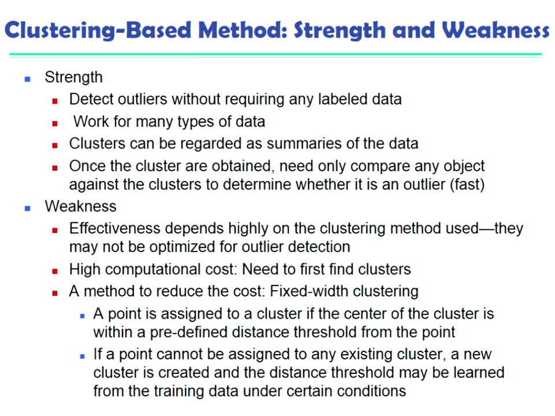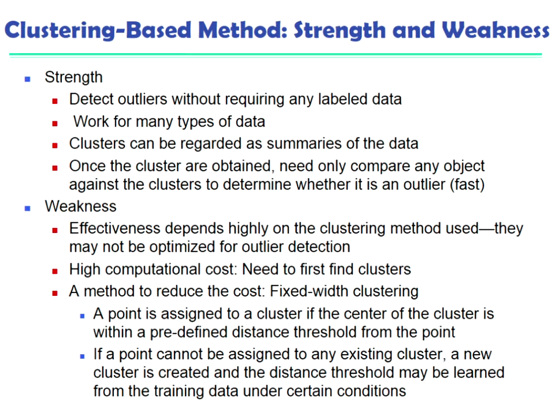So, clustering-based methods. The strengths: we can detect outliers without requiring any labeled data, and it works for many types of data. Clusters can be used to compare any object against the clusters to determine whether it is an outlier.